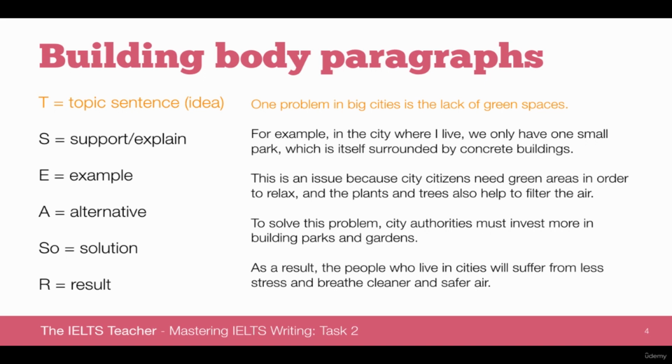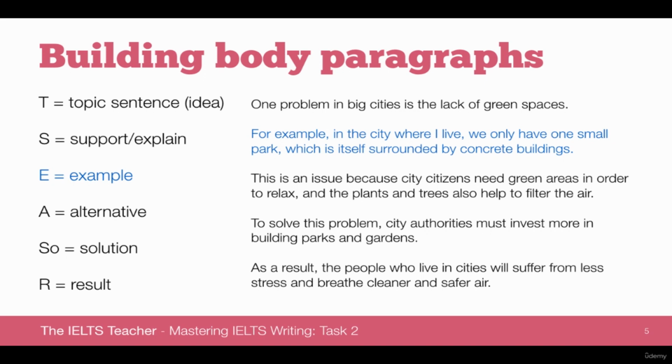Now in this paragraph, we are following the topic sentence with an example. For example, in the city where I live, we only have one small park, which is itself surrounded by concrete buildings. The example is used here to support the idea that there is a lack of green spaces in big cities. Everything must be related.